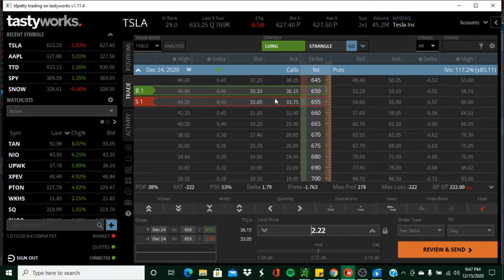Now you cannot make any more than that because you actually sold a contract on the call side. But that is what the spread is. So you're capping your gain and you're minimizing your risk.